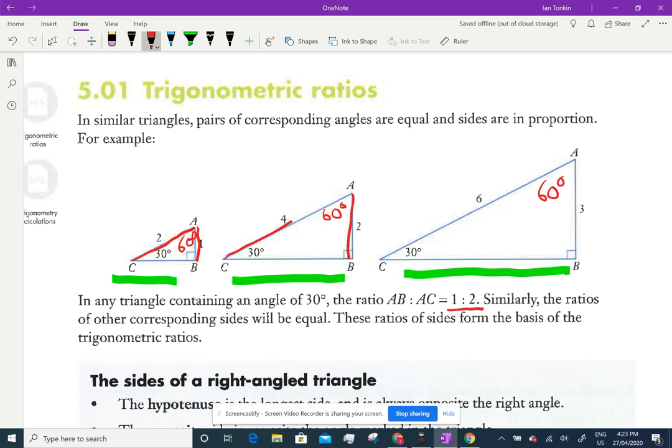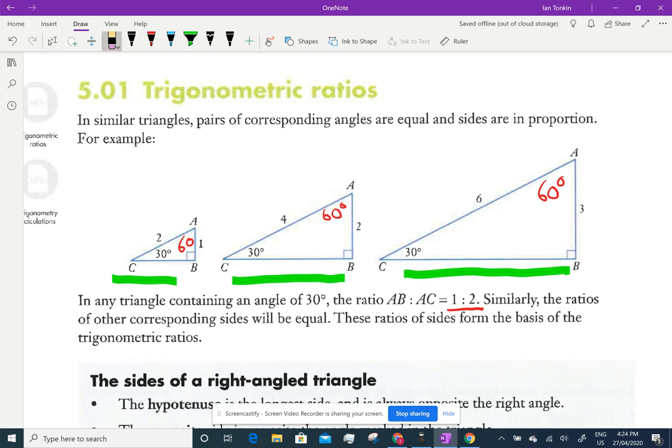That side to that side is 2 to 4, which simplifies to 1 to 2. This side to this side is 3 to 6, which simplifies to 1 to 2. And it doesn't matter how big or how small your triangle gets, the ratio of that side to that long side is always going to be 1 to 2.